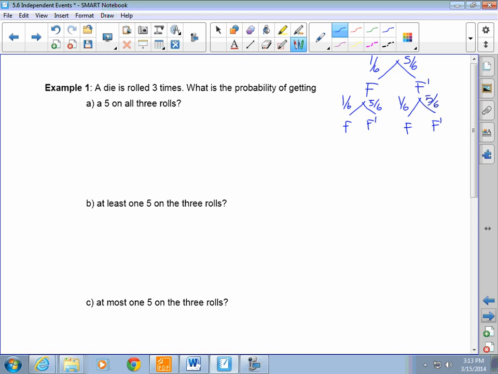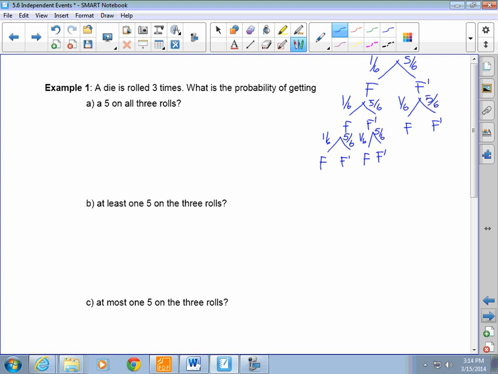So now your third roll. What happens with that third roll given the first 2? So if your first roll was a 5 and your second roll was a 5, what are the chances of getting a 5 or not getting a 5? 1/6 and 5/6. If your first roll was a 5 and your second roll wasn't a 5, what are the chances of getting a 5 or not a 5 in the third? 1/6 and 5/6.